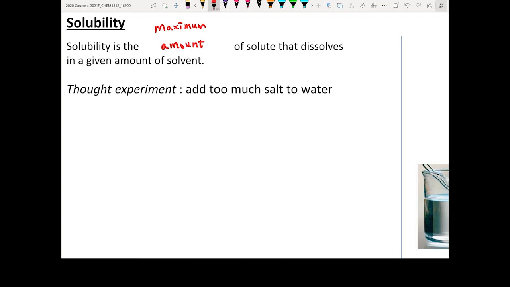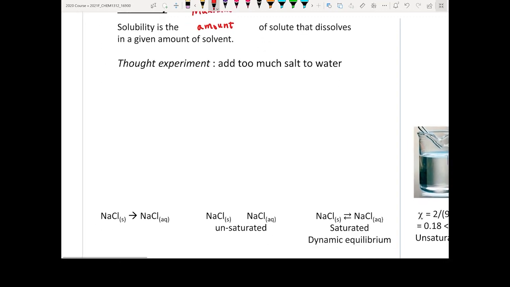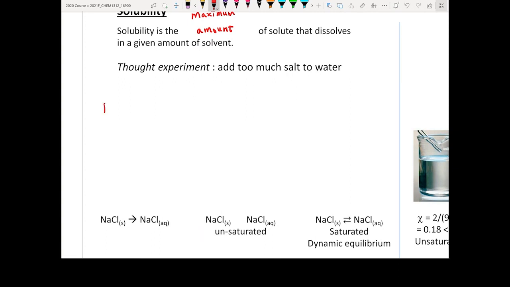To visualize this, assume you have a beaker filled with water. In chapter 10 we only talk about water solutions. Then we start to throw in the solute, for example sodium chloride salt.